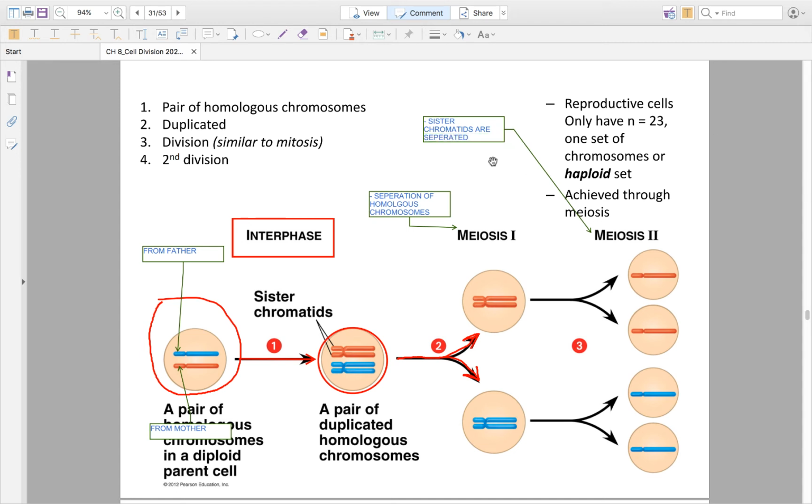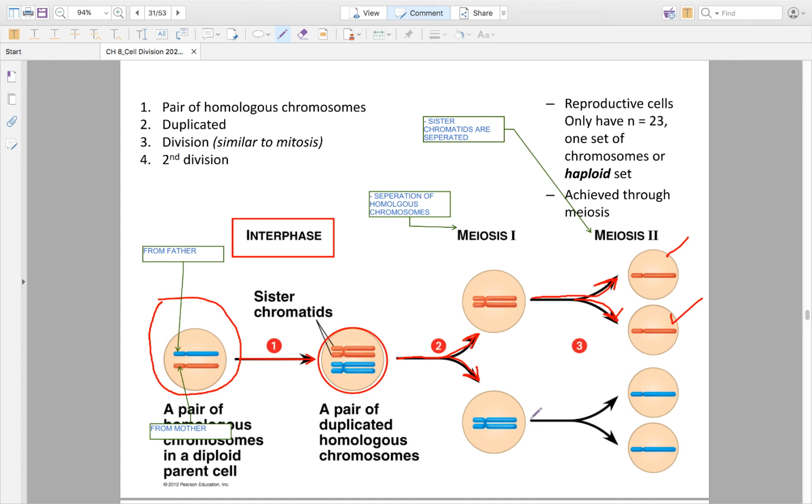We can see that here, this is one cell, it's going to split, and it's going to separate the sister chromatids into their own cells.